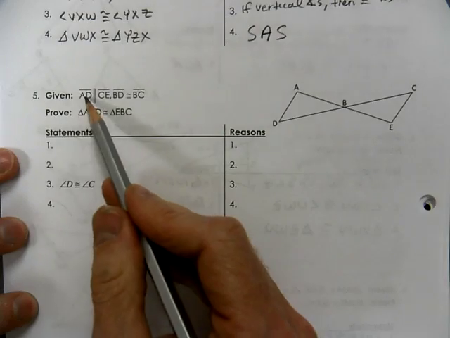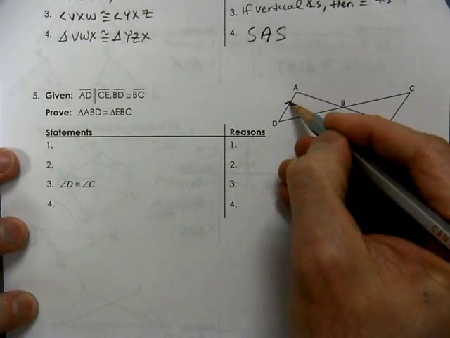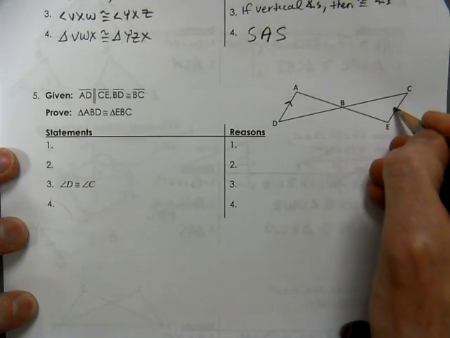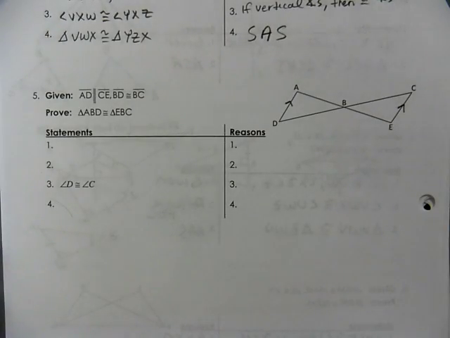Last one. AD is parallel to CE. Now, we've talked about what does it mean to be parallel. What are we actually supposed to think about? You should think about one of your 4 different types of angles. Alternate interior, consecutive interior, alternate exterior, or corresponding.